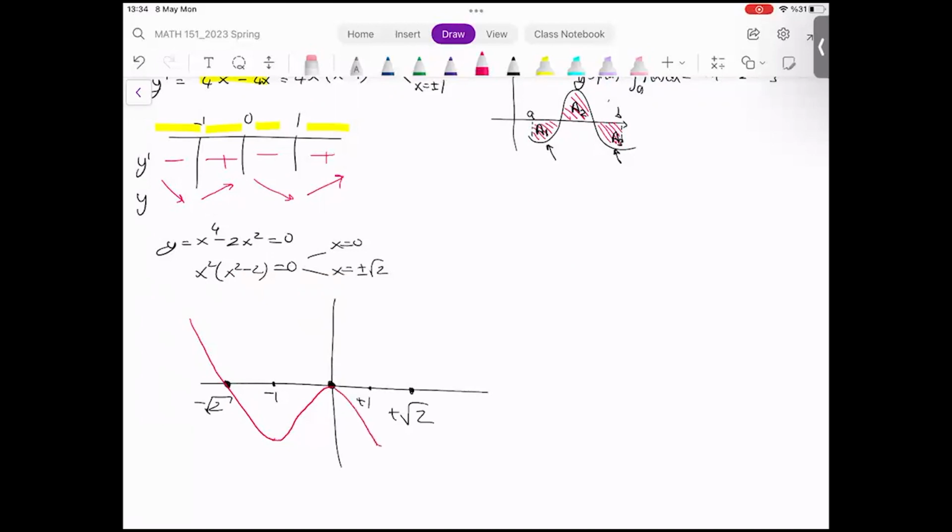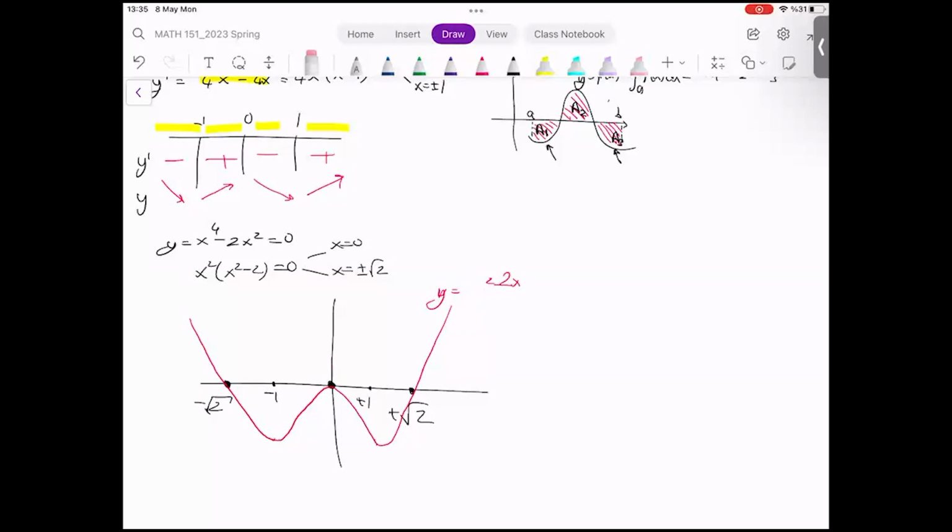After plus 1, it is increasing again, and it has to intersect the x-axis at plus square root 2. So something like this. I know this is not a perfect graph, not a very detailed one, but it will work. This is a general sketch of the graph of our function.